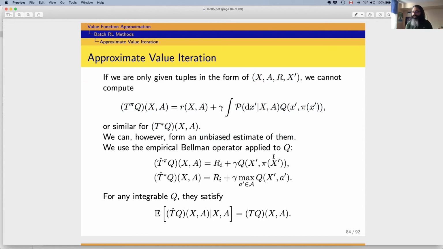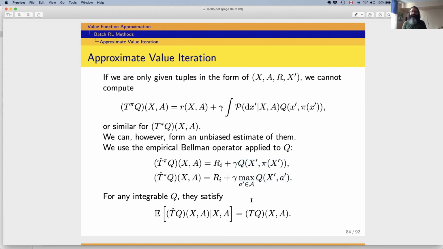Recall from a few lectures ago that T hat pi, or T hat star, are the empirical Bellman operator or empirical Bellman optimality operator, defined as r(x,a) plus gamma times Q(x', pi(x')). And for the empirical Bellman optimality operator, it would be a max here.